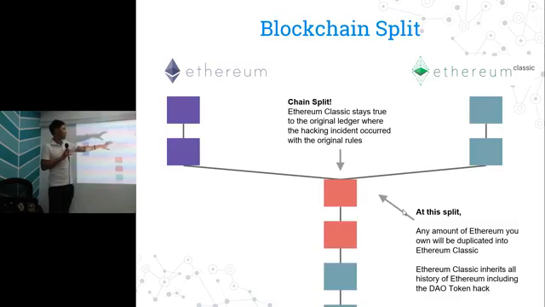So Ethereum Classic stays true to the original Ethereum ledger where the hack actually occurred, and that's why you have this split as well. So both of them do the same thing, but now Ethereum is getting a lot of development work done because that's where all the core developers are working, and Ethereum Classic has support from a different group of audience who thinks that blockchain shouldn't change rules just like that.